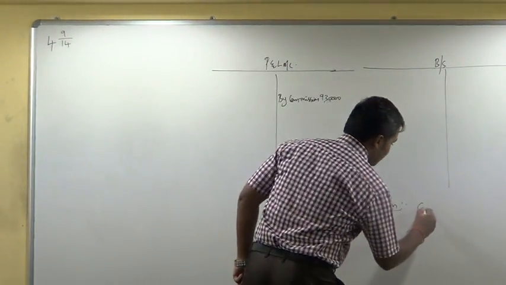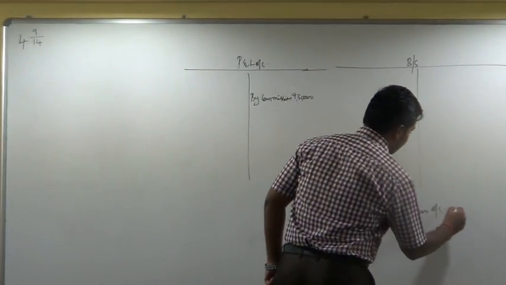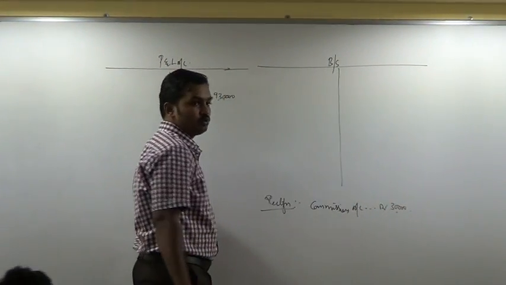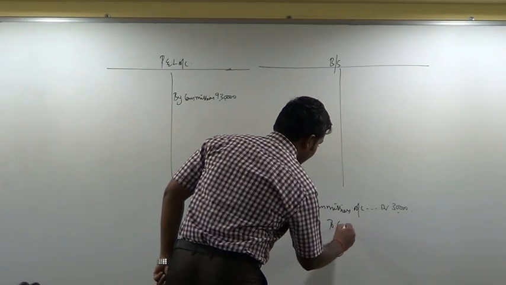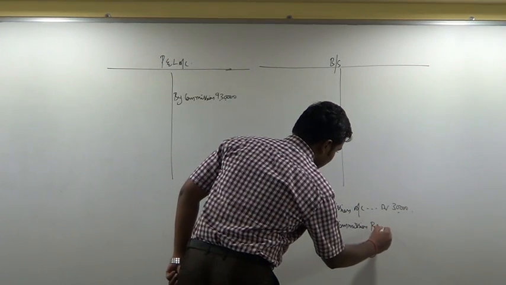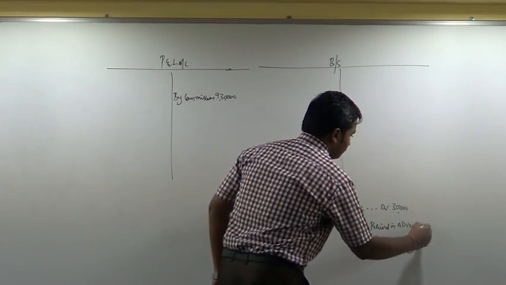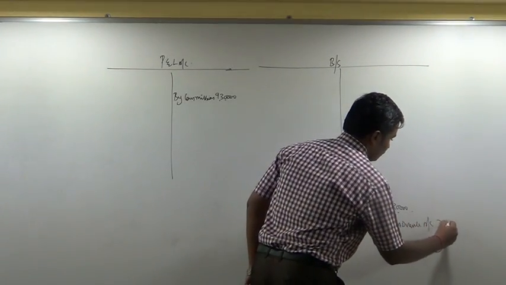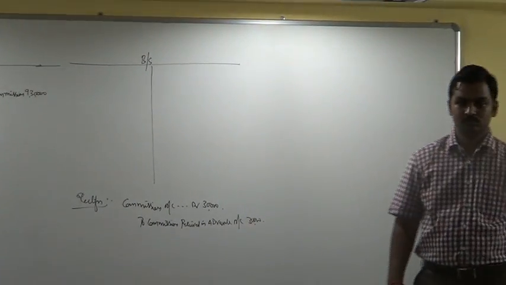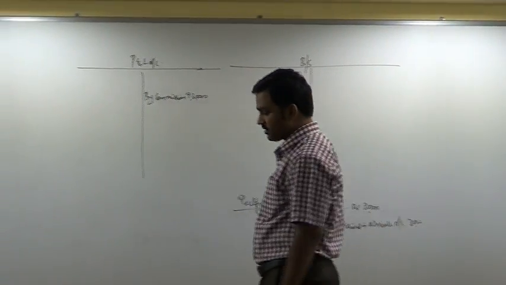So right here, commission account debit 30,000 to commission received in advance account.